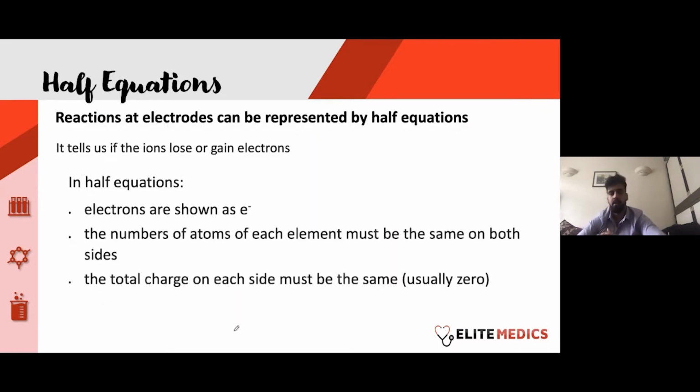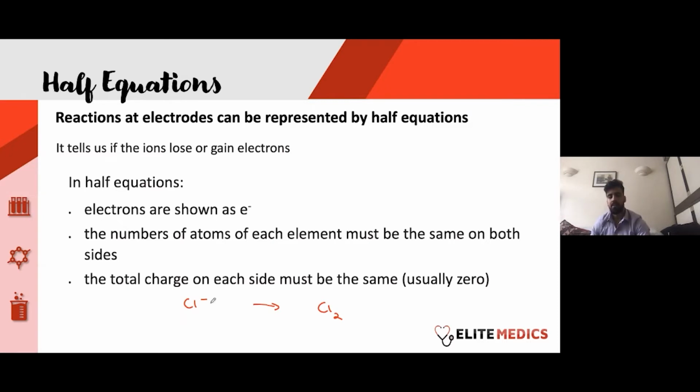Whenever you write a half equation, you always want to start by showing what species goes to what species. So for example, if I was going to turn chloride ions into chlorine. Let's say I had at the anode, the positive electrode, chloride ions got attracted and now going to get given off as chlorine.